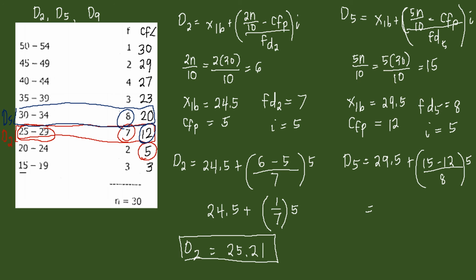Let's solve first the one inside the parentheses. We get 31.375, or if you round off, that's 31.38.